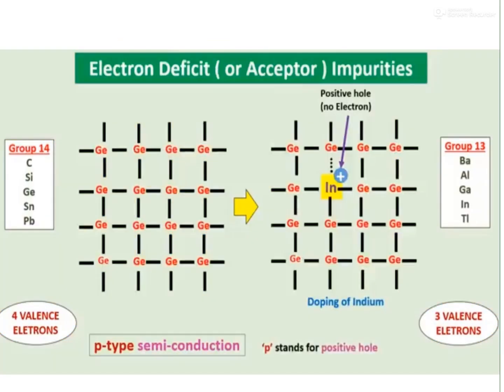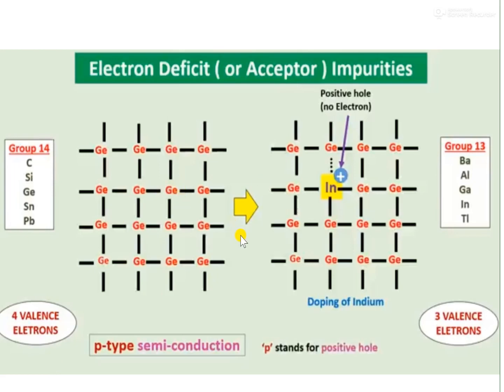For electron-deficit or acceptor impurities, electron acceptors, we will add, like here you can see, the same as in the previous case, but here we take germanium. This is also from group 14 and it has 4 valence electrons. It can form 4 bonds with other germanium.